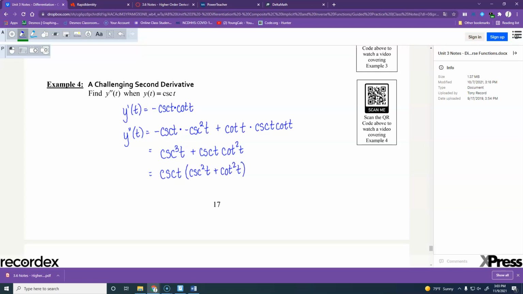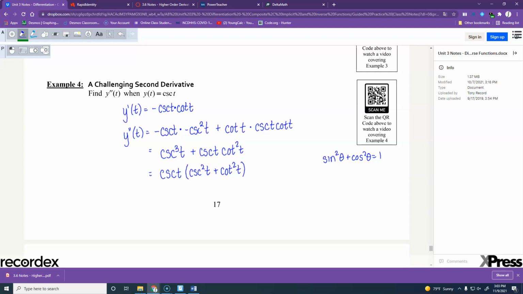Now, something to remember is that we know our Pythagorean identity. You guys probably remember this one really well: sine squared theta plus cosine squared theta equals 1. There is one for cosecant and cotangent.